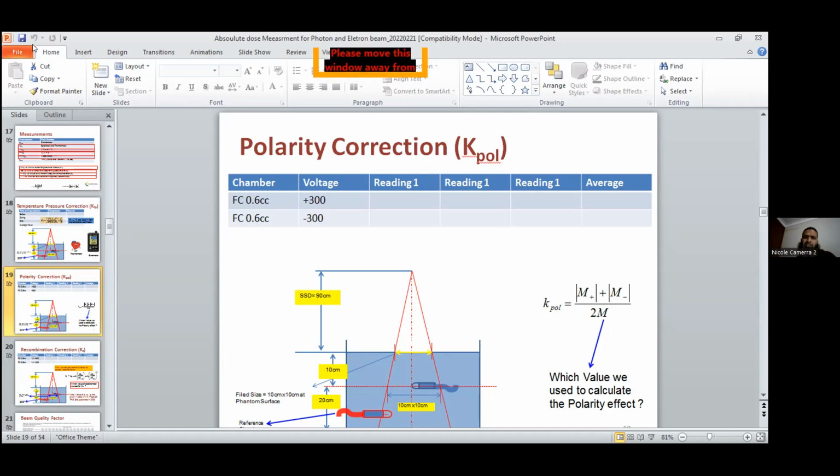It's recommended that if your chamber is calibrated at the SSDL lab at plus 300, you should be using plus 300. You don't use minus 300. Then you don't have to worry about your polarity correction factor, because you're using the same polarity they used to calibrate your chamber.